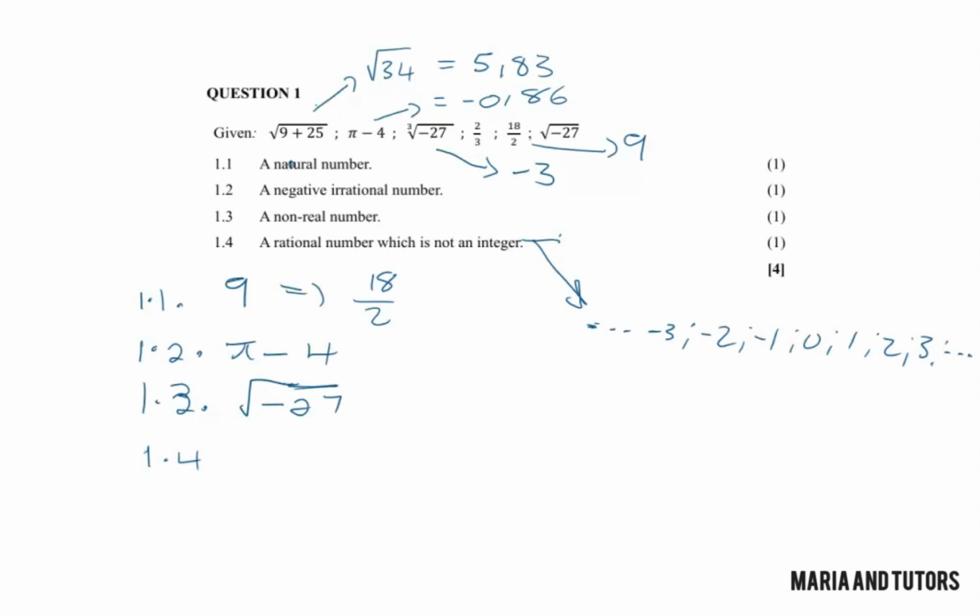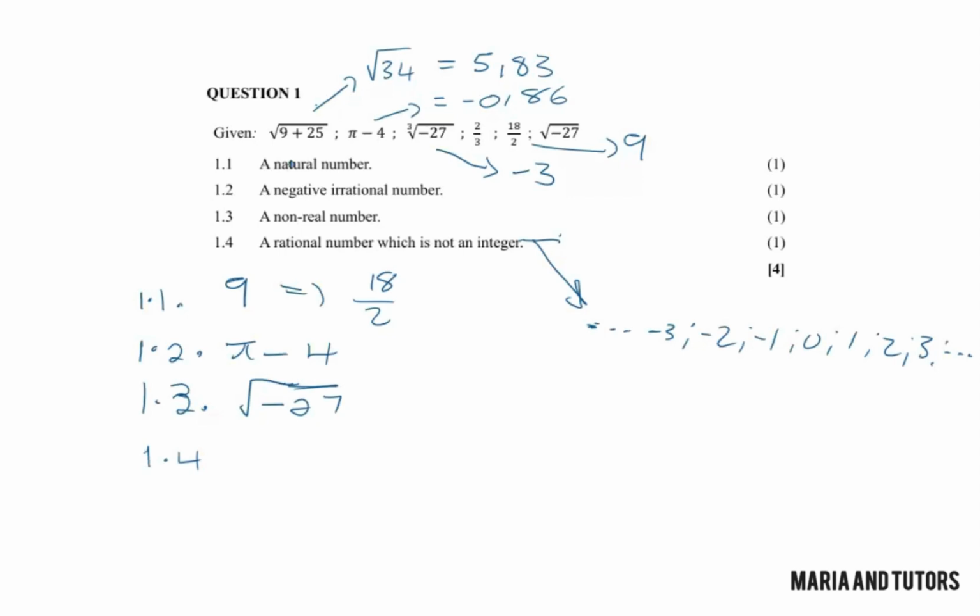Don't forget, rational numbers are numbers that terminate or recur. They are numbers that can be written as fractions. So whenever you're given a simple fraction, that fraction, in this case 2 over 3, can be identified as a rational number.